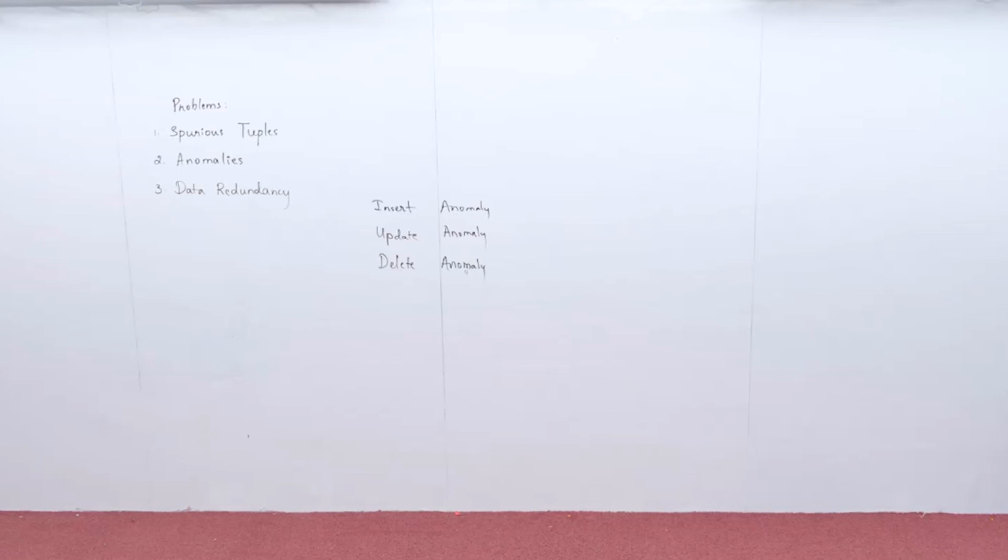What I told: the problems that occur in the table while performing insertion, updation and deletion. There are three different types of anomalies.